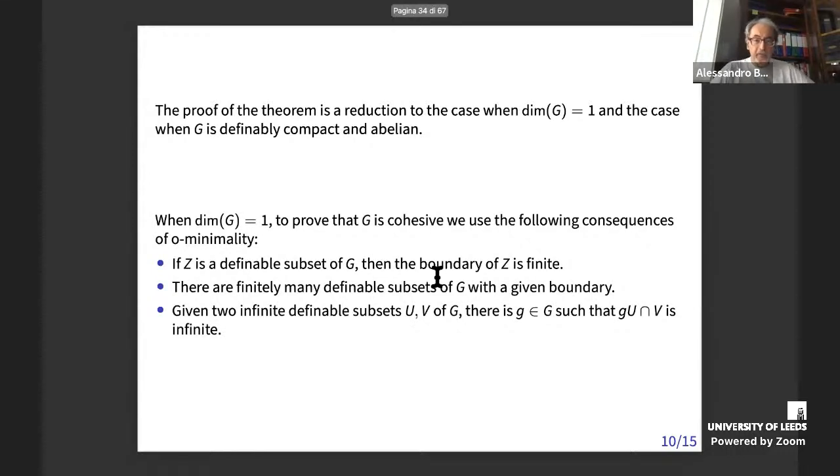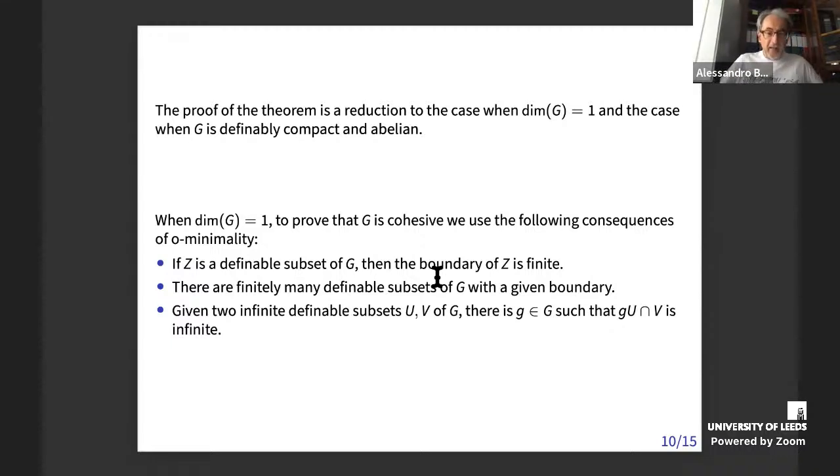So when the dimension is 1, the proof of cohesiveness depends on some minimality properties. So I don't know how to generalize this to other settings like geometric setting, for instance.